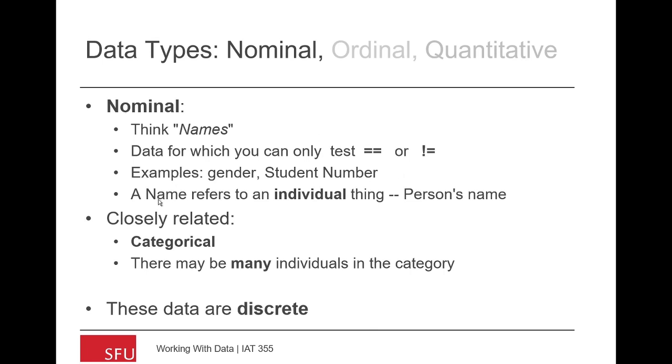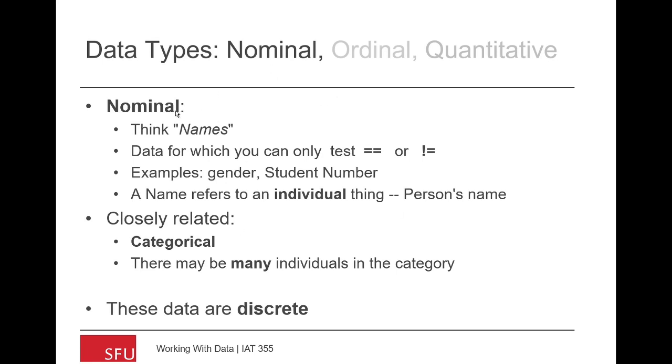So nominal data tends to refer to a name that refers to an individual thing, like a person's name. Closely related to nominal data is categorical data, where there may be many individuals in the category. However, the test for equality or inequality also holds for categorical data. It's just that the usage of categorical data has the implication that there may be a bunch of things in a particular category, or indeed there might be nothing in that category.